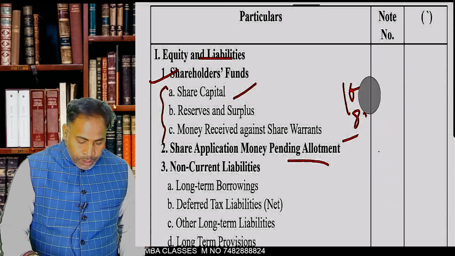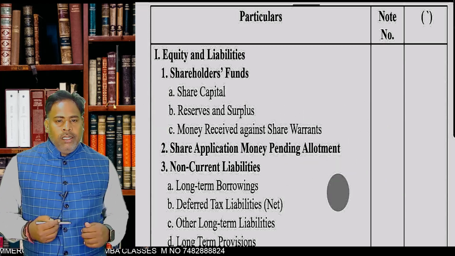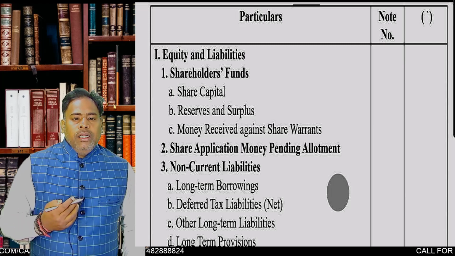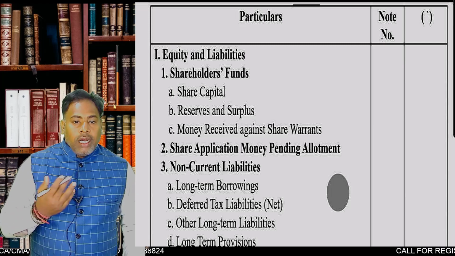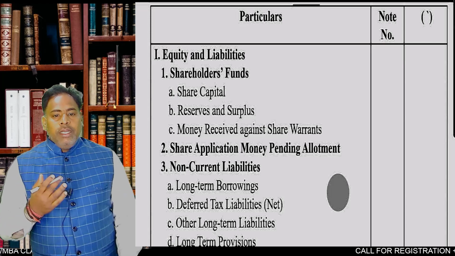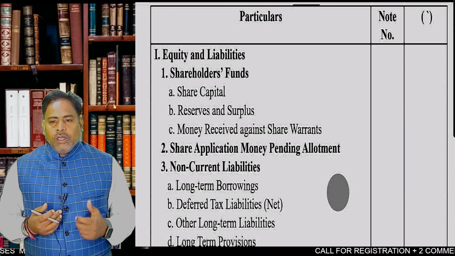Next, non-current liabilities. First of all, understand what a liability is: an amount outstanding to outsiders. A current liability is one that will be settled very soon, within 6 months or 1 year.